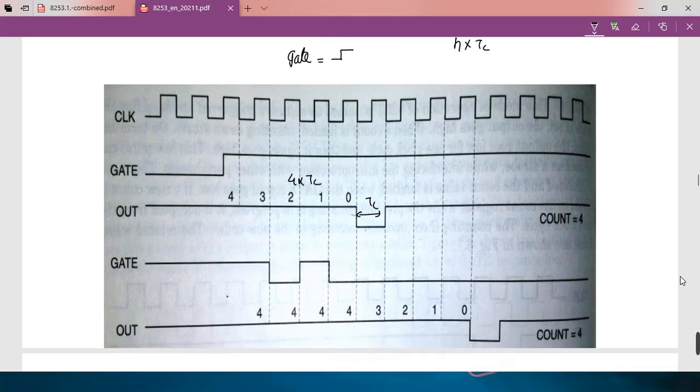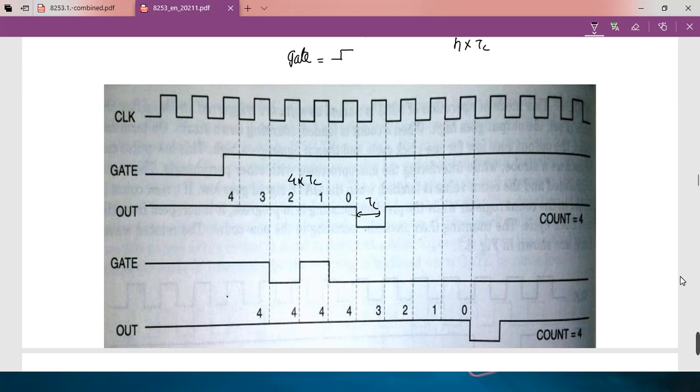Now in this case, if you make the gate pulse go from low to high, and again high to low, so it works on positive triggering. First you provide a positive trigger, it starts counting, and then you make it low, and again you provide a positive trigger, then it starts again from the original value.